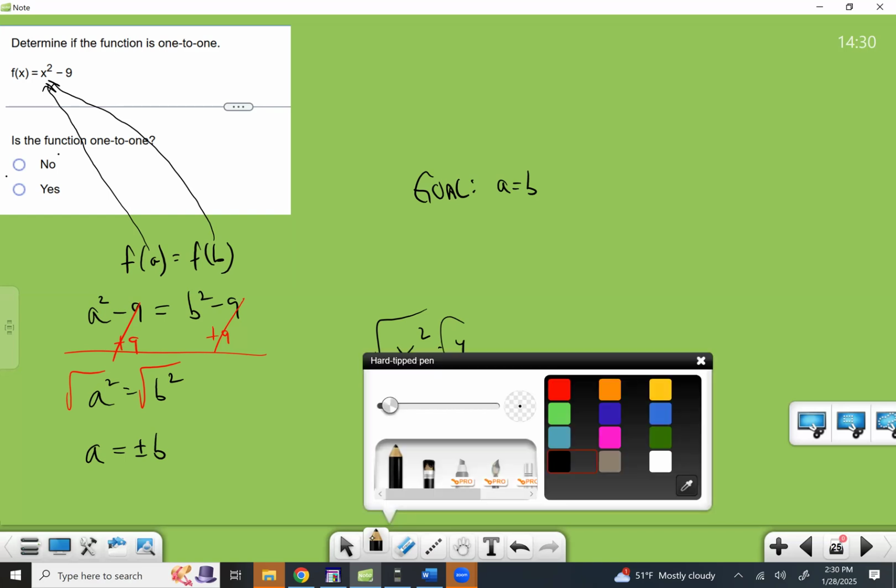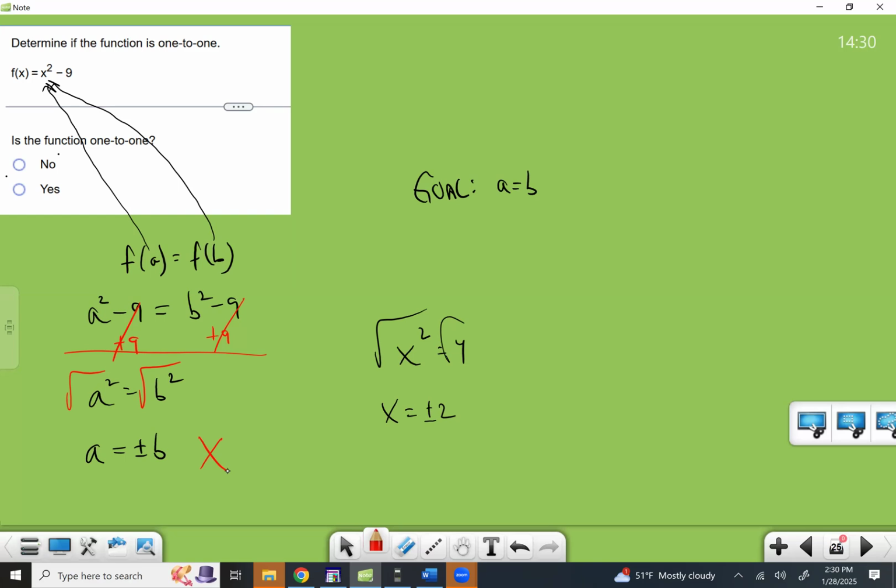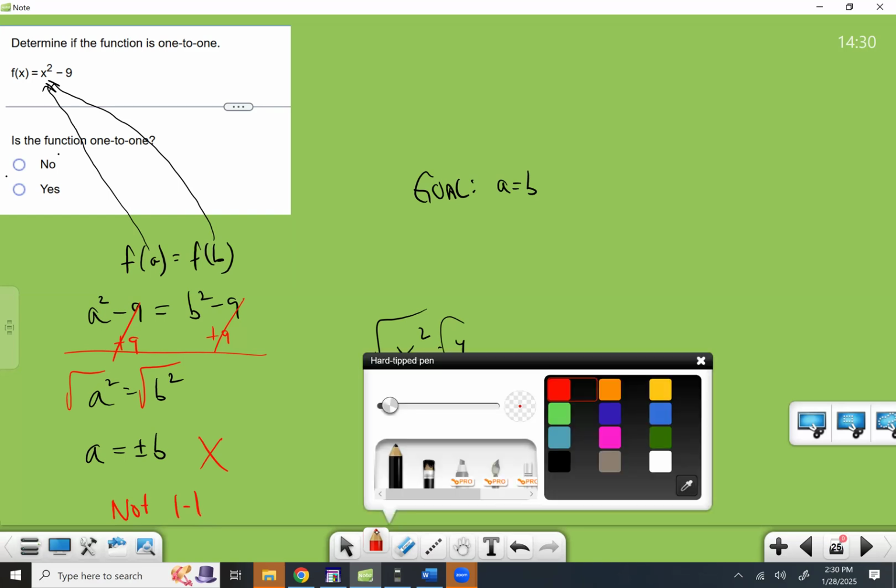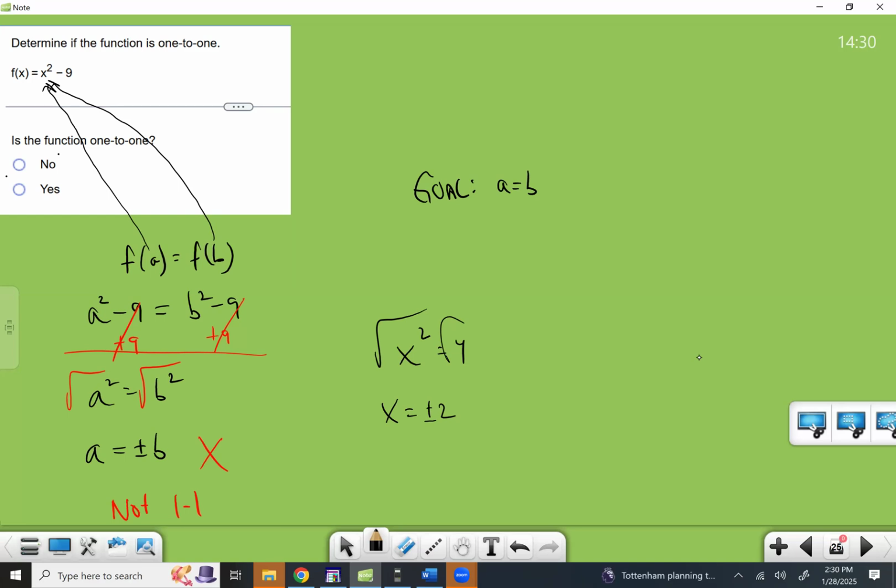That means that this is not going to be 1-to-1, right? Not 1-to-1, okay? I always get some questions on this also. People get a little weirded out with the plus or minus. Technically, you can put plus or minuses on both sides, but we don't, because if you type out all the cases, right?